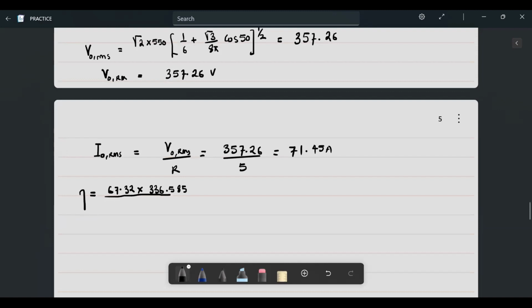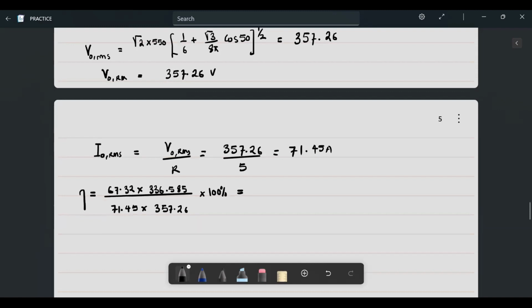Then in the denominator, the IRMS current 71.45 times the VRMS 357.26, times 100%.